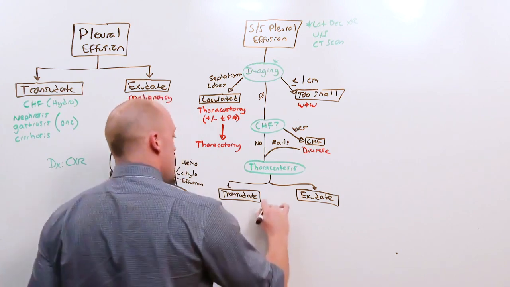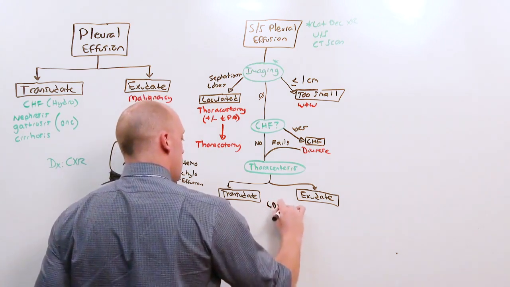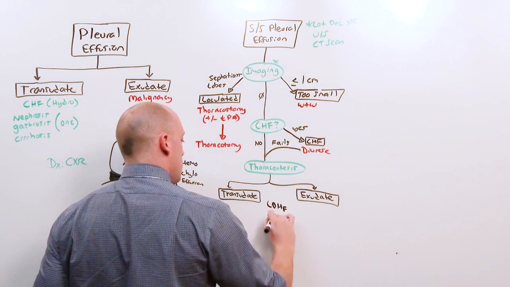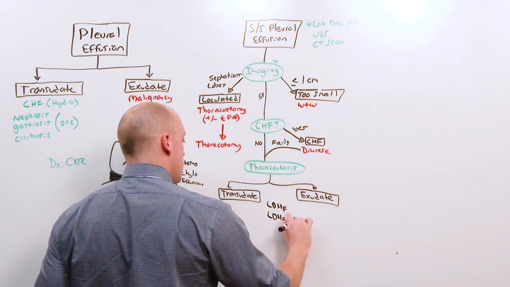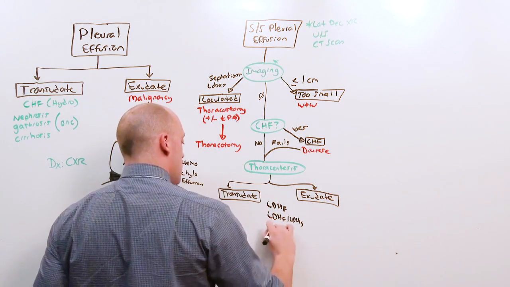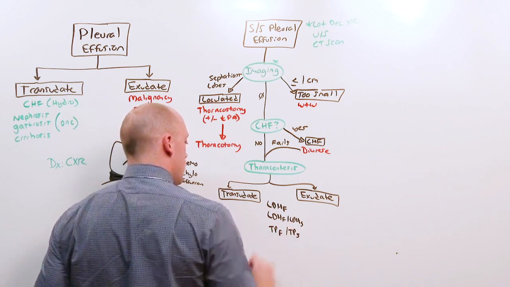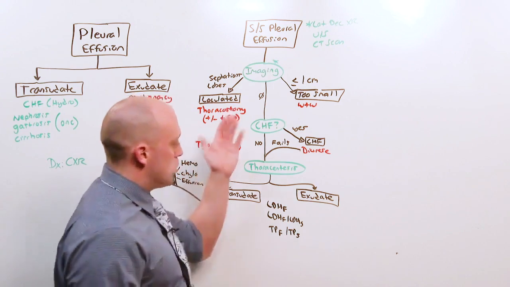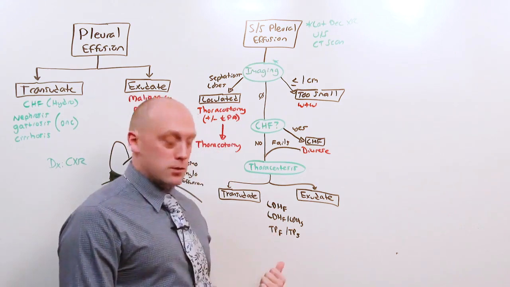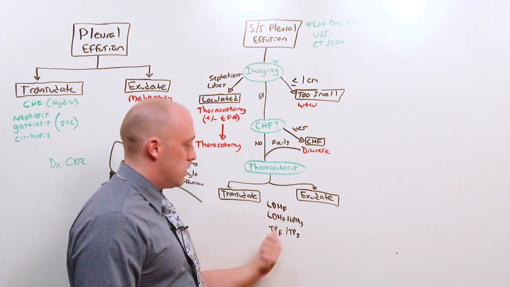It is going to be the LDH of the fluid, the ratio of the LDH of the fluid to the LDH of the serum, and the total protein of the fluid compared to the total protein of the serum. Now, you're talking about a pleural effusion, so fluid comes first in the ratios.